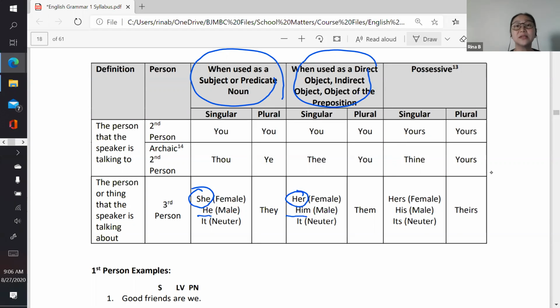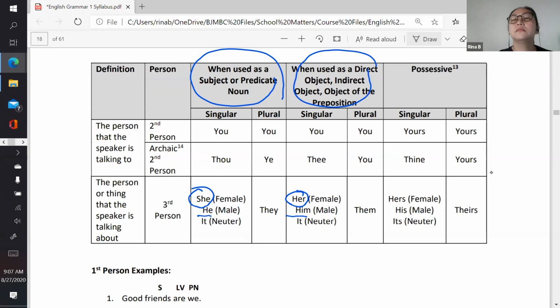But for you to understand what the mine refers to, you have to have the context. Maybe in the conversation, you already know what the mine will refer to.